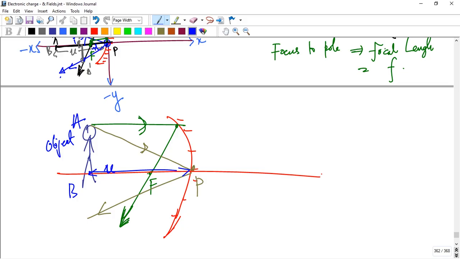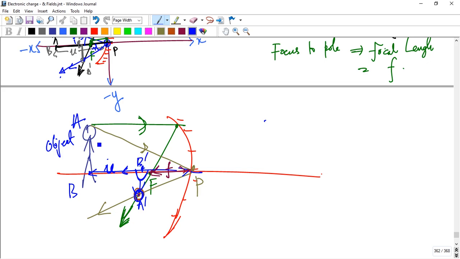This is u, and this distance is F, the focal length. You see there is this cutting point. Two reflected rays from the object meet here, and that's why an image is created here, which is A dash. A ray parallel to the axis, or overlapping to the pole, goes back the same way. Here is the image, and that point is called B dash.